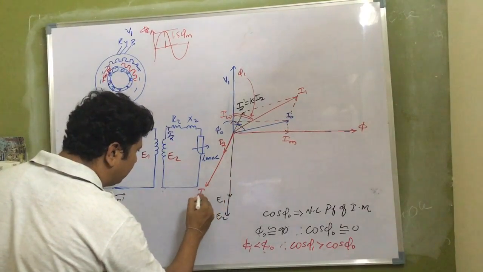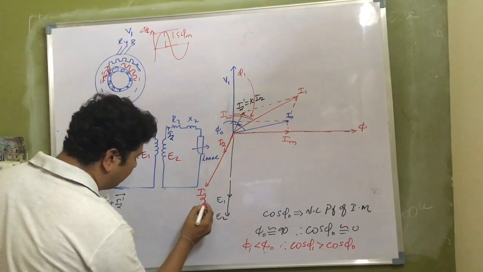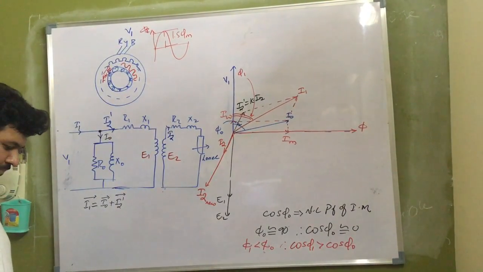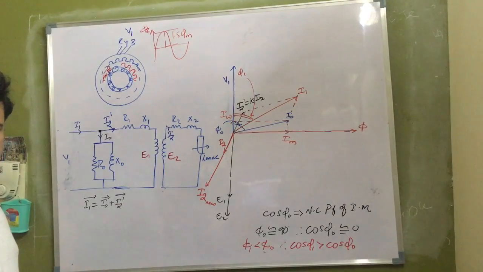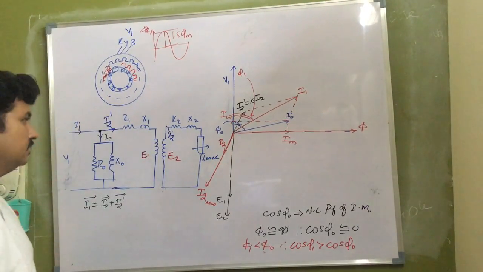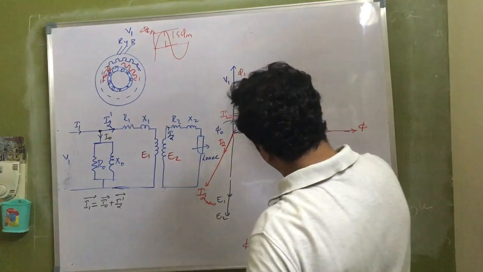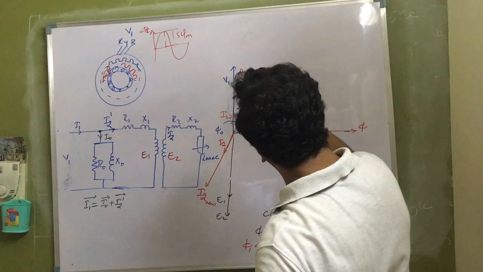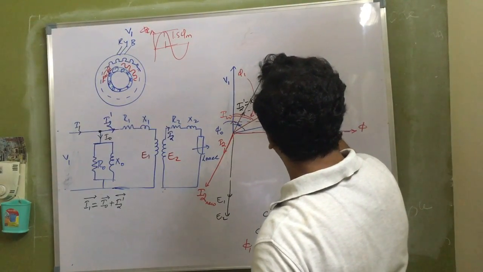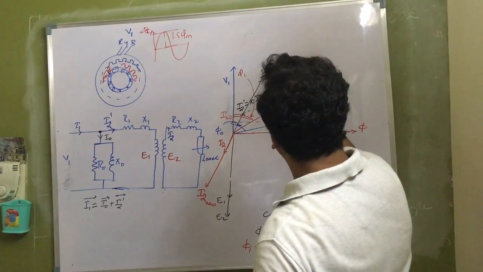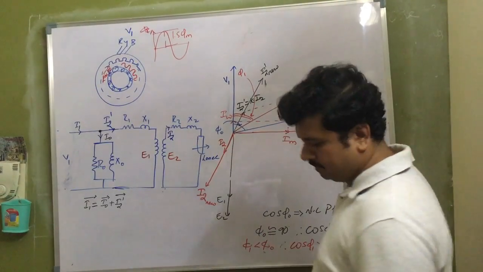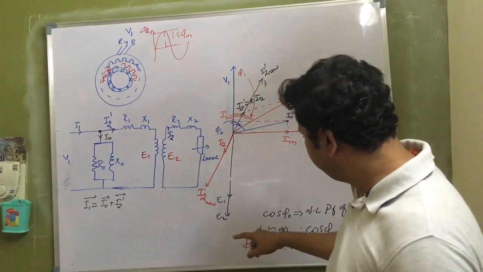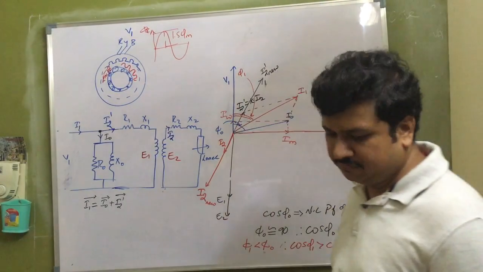Let this be the new value of I2. And what about I2 dash? It will also increase to a magnitude equal to the new I2. So this is I2 dash new. Now what is I1 new? Sum of I0 and I2 dash new.